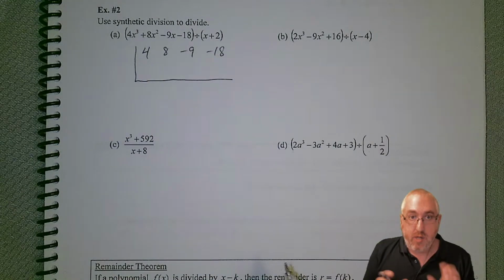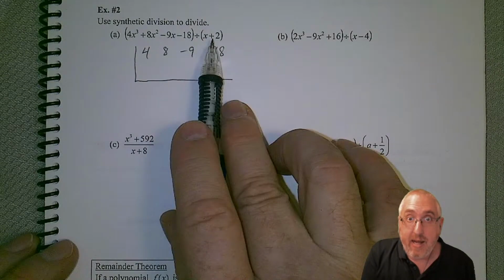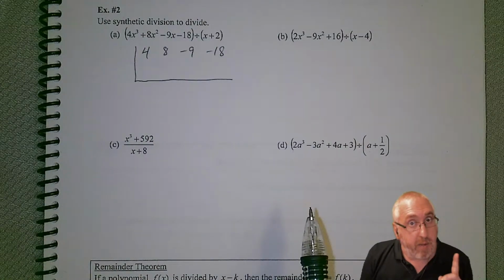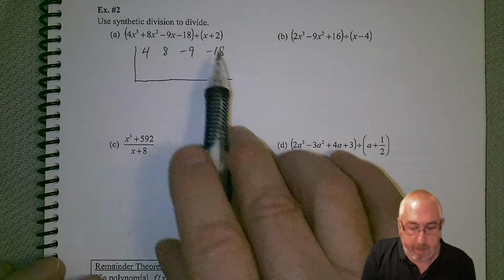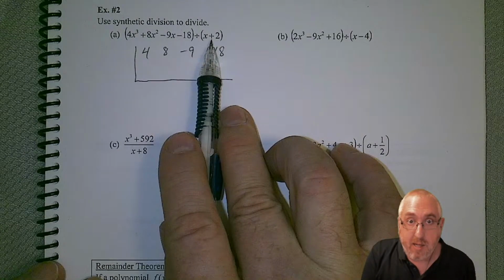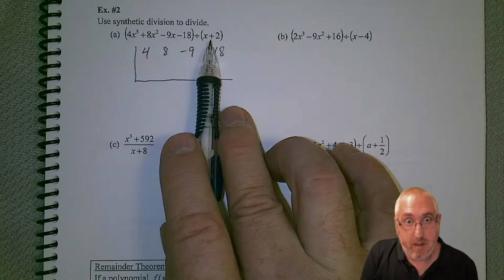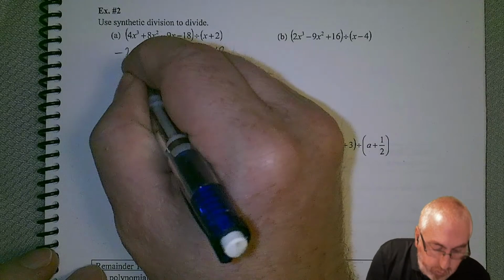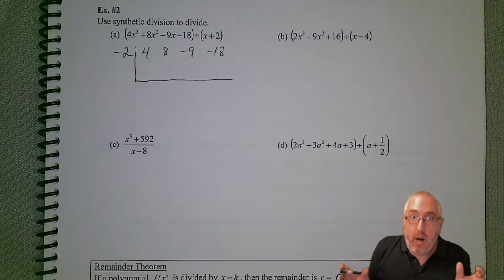So just those 4 coefficients are going to be on the inside, and on the outside is what the value of k is. Now again, be careful. K can be positive or negative based on how it's written. So because this is x plus 2, k is going to be negative. So in this case it's going to be a negative 2. So that's going to be on the outside. So that's the starting point.